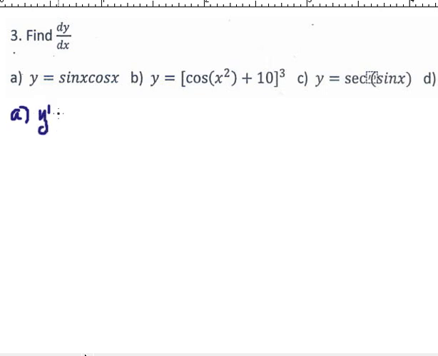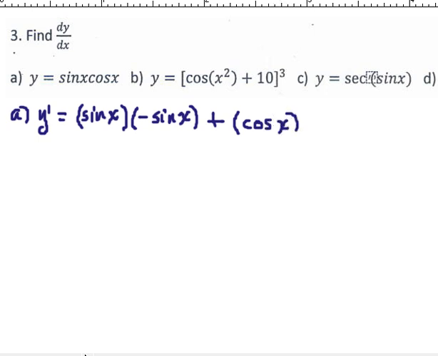Alright, so y prime is equal to the first function, that's sine x, times the derivative of the second function. The derivative of cosine x is minus sine x, plus the derivative of the first, that's the derivative of sine x, so that's cosine x, times the second, cosine x.